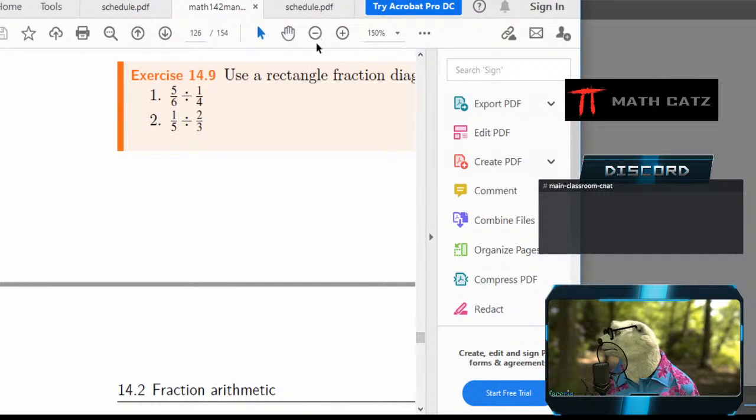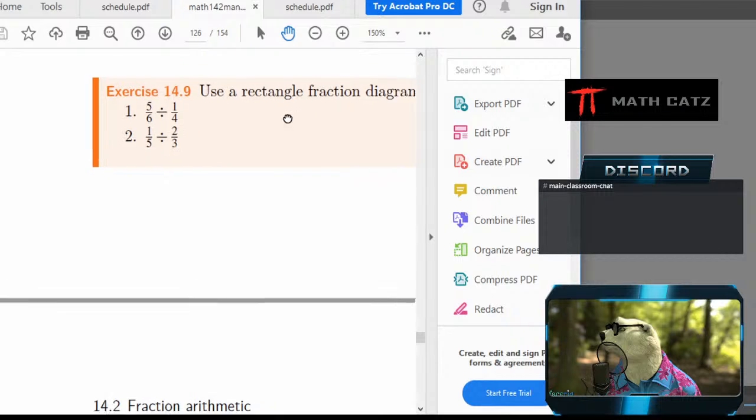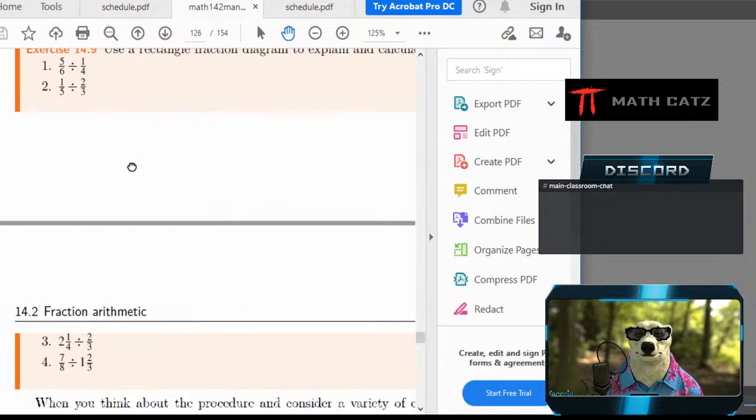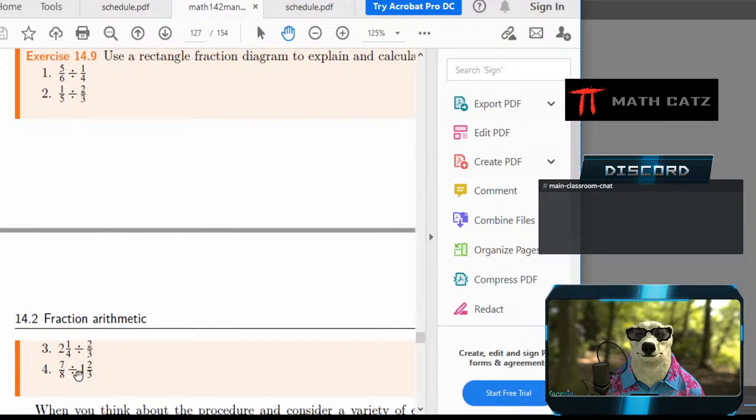Let's see here. Zoom out a little bit. There we go. So we did the first division example. We have to definitely have some mixed numbers. But let's start with number 2. Actually, number 2 is a tough one too. Let's start with number 3.